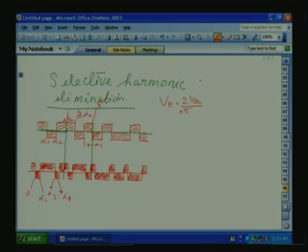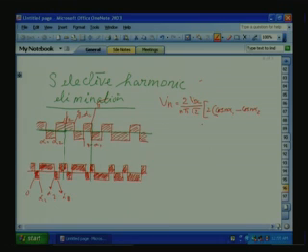If you want the RMS value, you have to divide by root 2, into 2 into cos n alpha 1 minus cos n alpha 2 plus cos n alpha 3, this way it goes, finally minus 1.